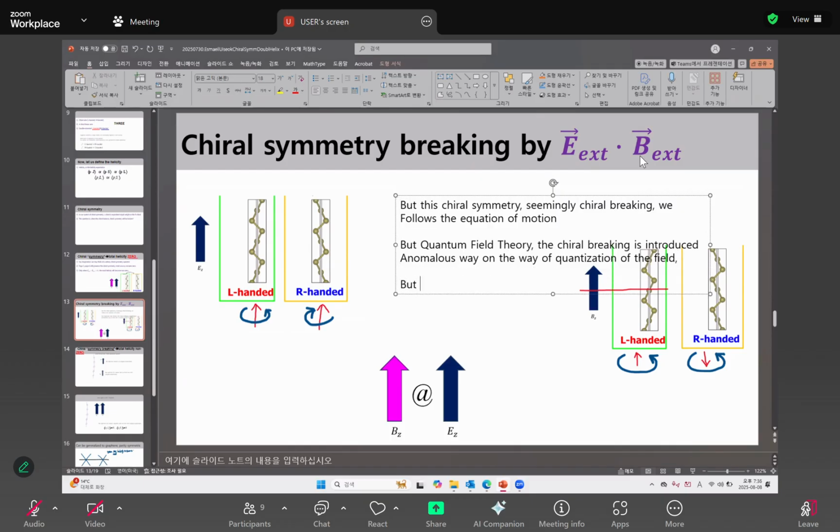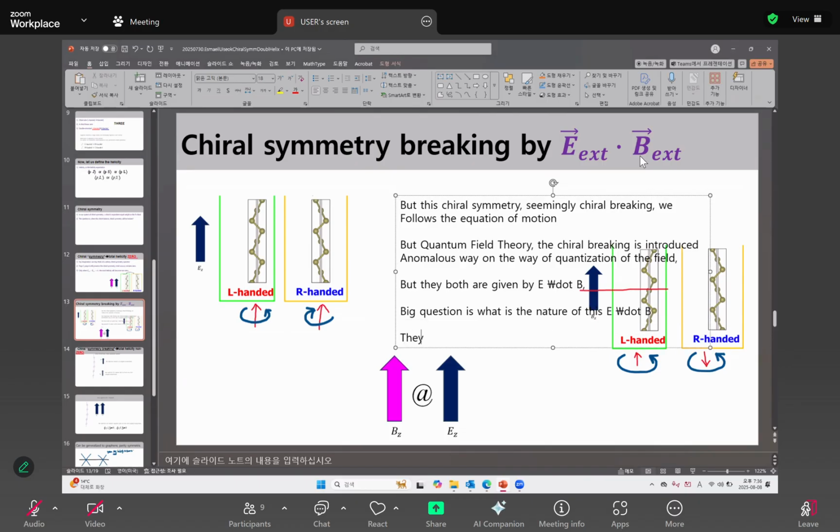But they both are given by E dot B. So the big question is, what is the nature of this E dot B?